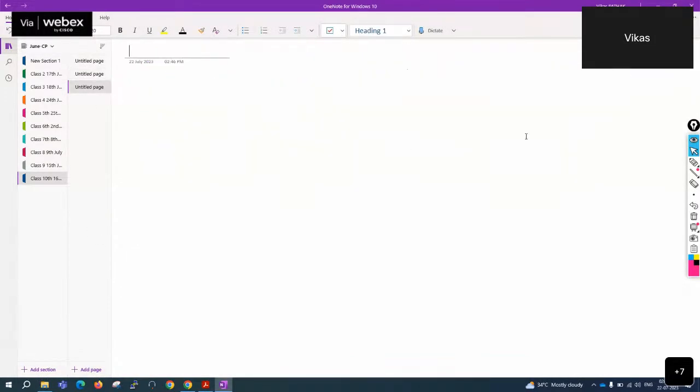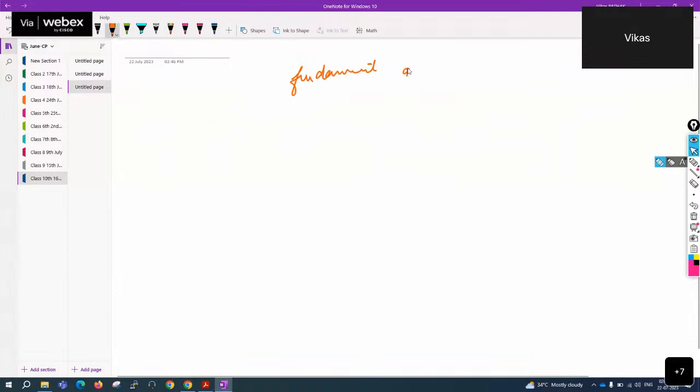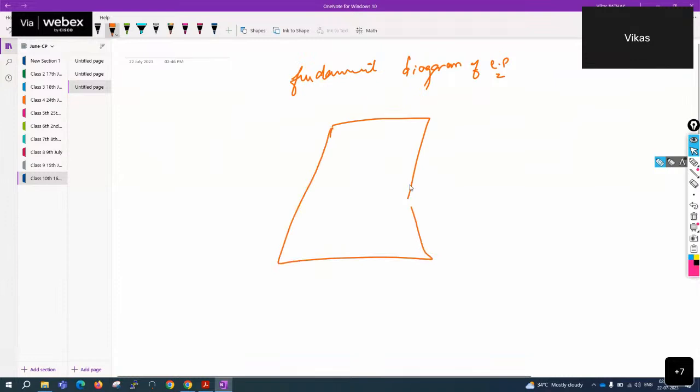Let me draw a diagram and then I'll explain what exactly I'm trying to say. If you talk about the fundamental diagram of CP, let's suppose this is the Check Point.